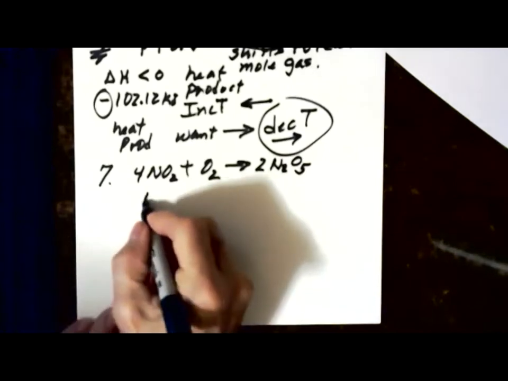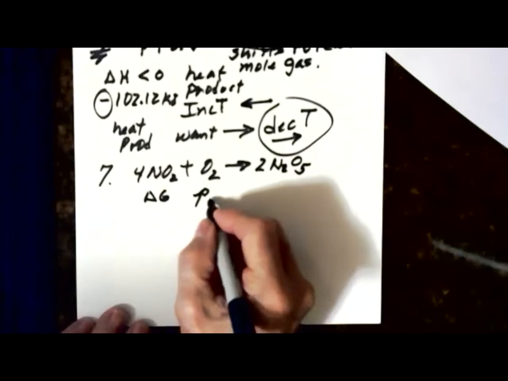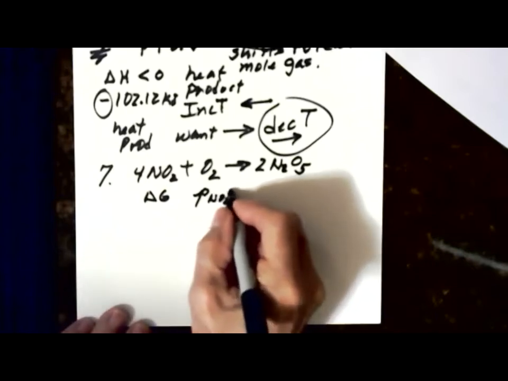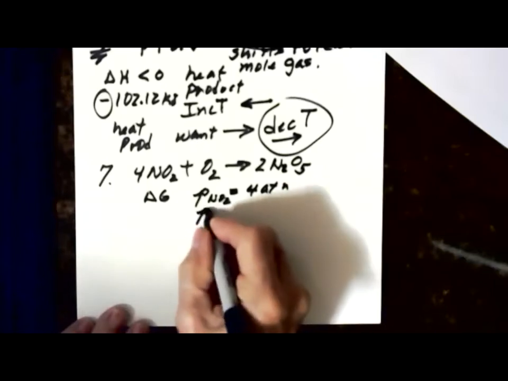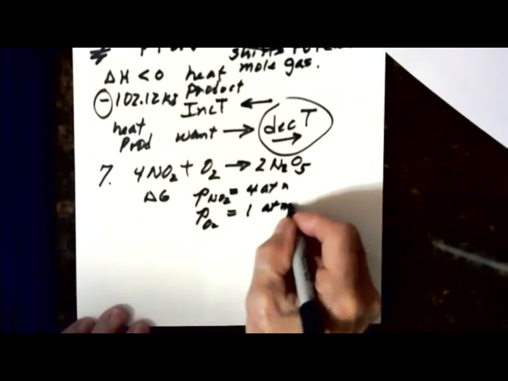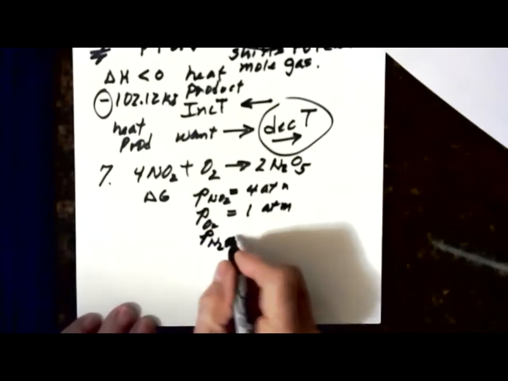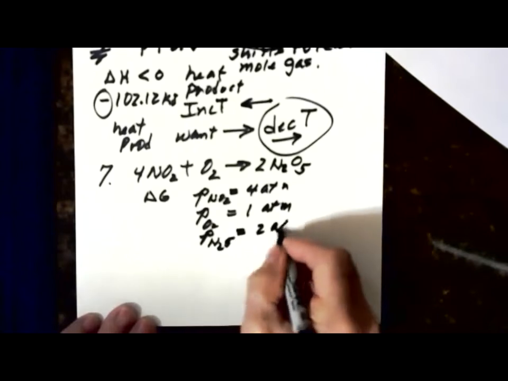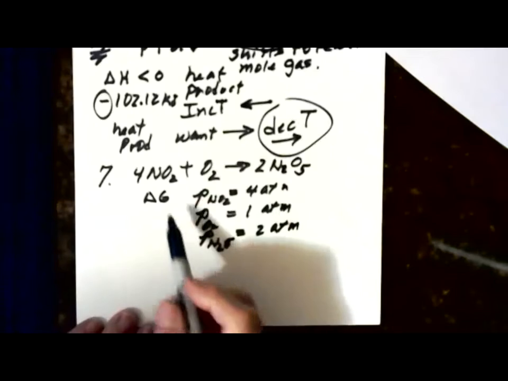And I want to calculate delta G at the pressure of NO2 equal 4 atmospheres, the pressure of O2 equal to 1 atmosphere, and the pressure of N2O5 equals 2 atmospheres. Now we could have any values we wanted to, but I thought it would be kind of cute and interesting if we used the partial pressures the same as the balancing coefficients. And let's just see what happens.